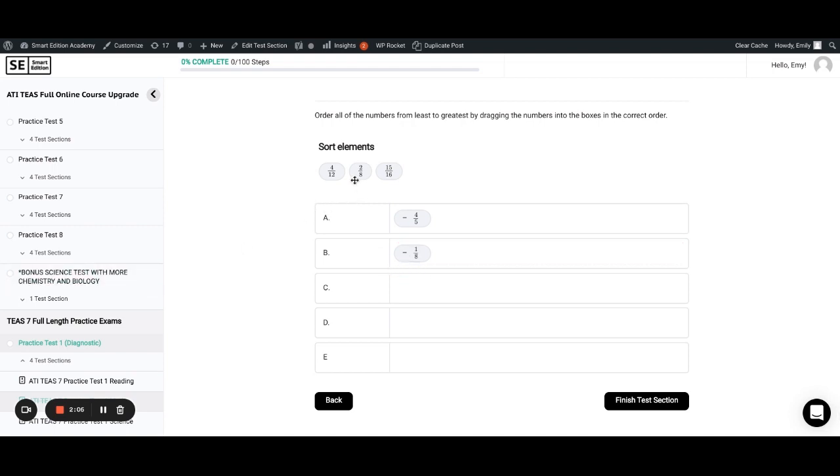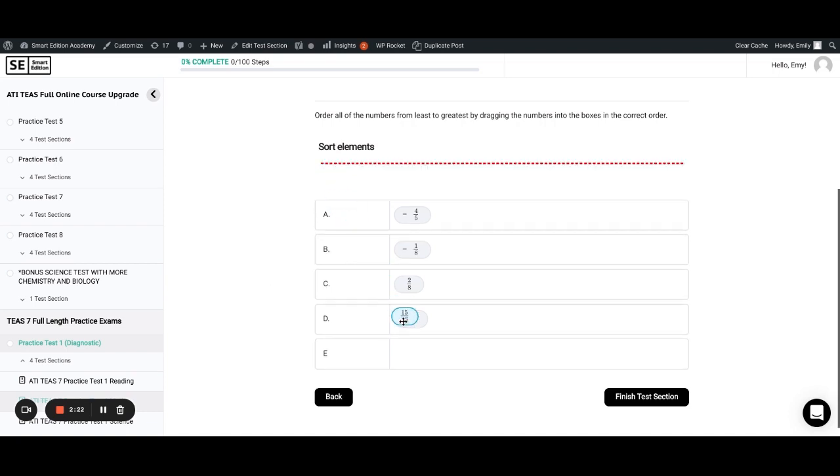Then it's going to be 2 over 8, because when we convert that to a decimal, you get 0.25, followed by 4 over 12, which when you convert that to a decimal, you get 0.3333. Lastly, the greatest number of this set is 15 over 16, because that gets you 0.93.